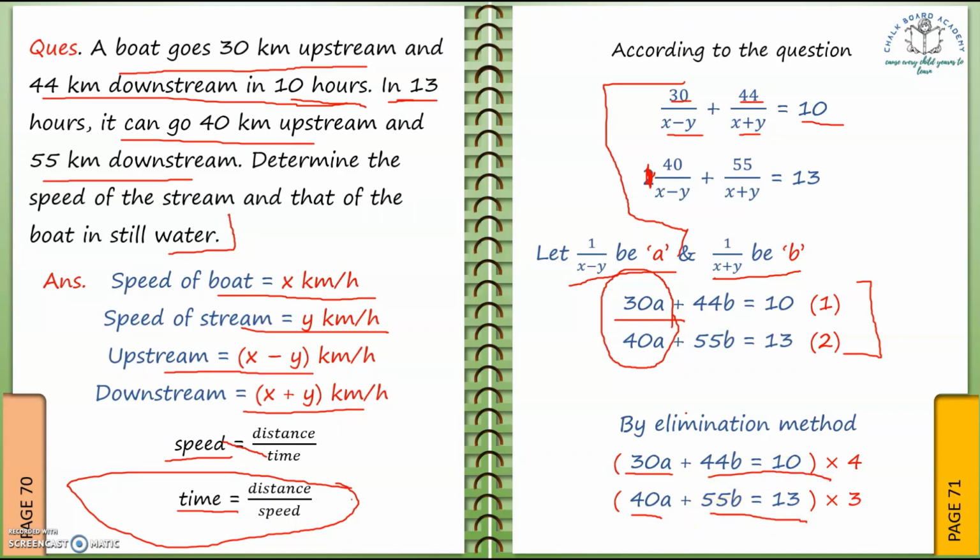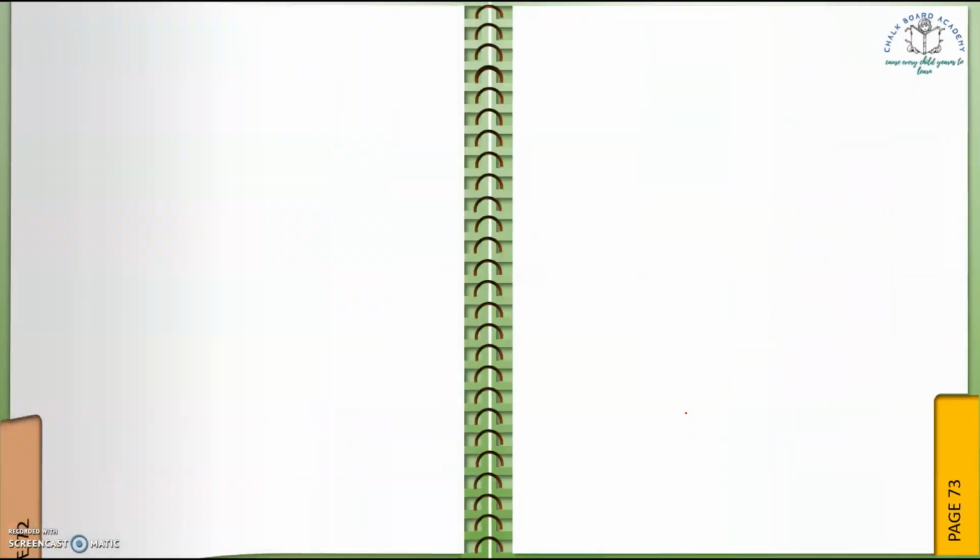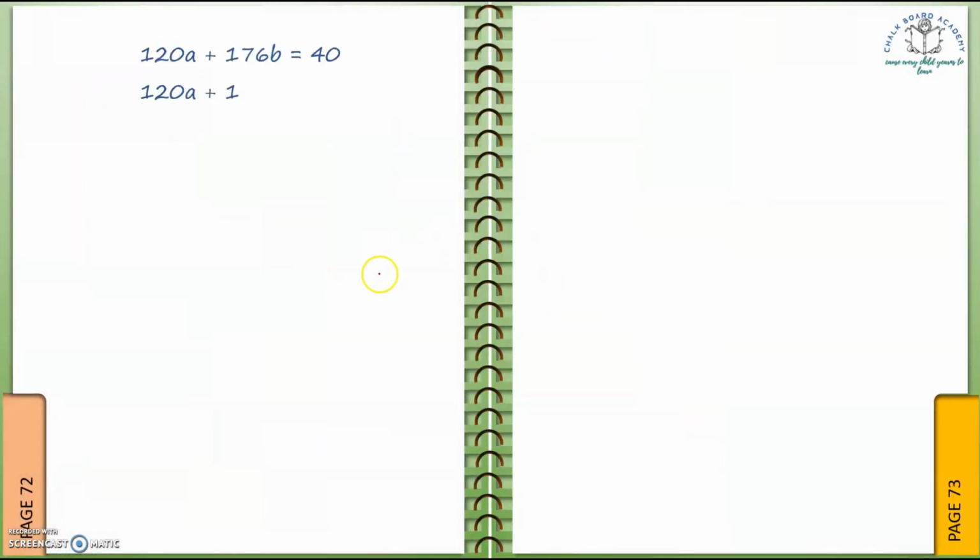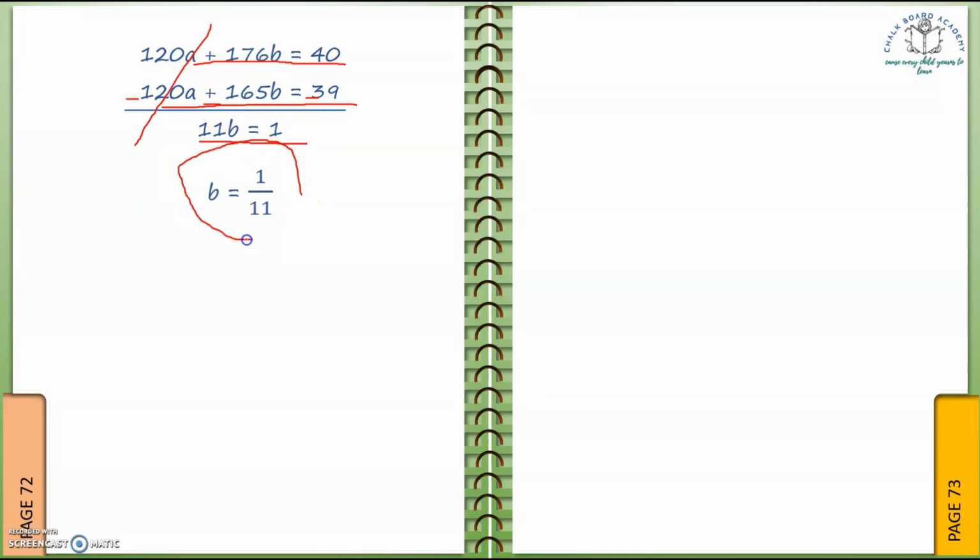After multiplying, the equation becomes 120a plus 176b is equal to 40, and here 120a plus 165b is equal to 39. After elimination, changing the sign, 120a is eliminated by 120a, and we get 11b is equal to 1. So we get the value of b as 1 by 11.